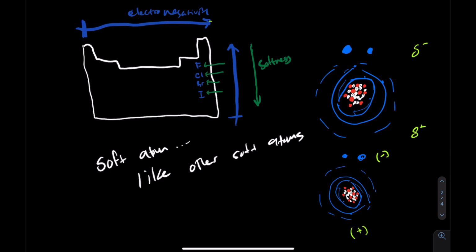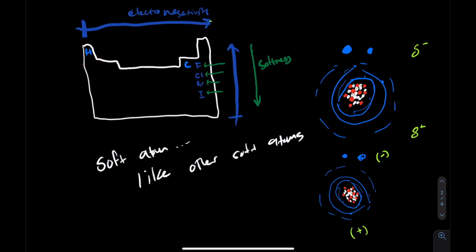And where is carbon on all of this? Somewhere around here. So carbon is not hard like hydrogen, which is all the way over here. And it's actually a bit softer than hydrogen, which means that nucleophiles, the better nucleophiles, tend to be a bit softer than the bases, right?